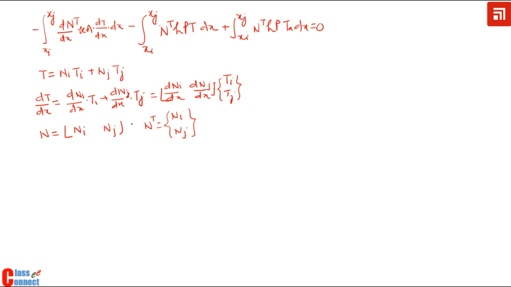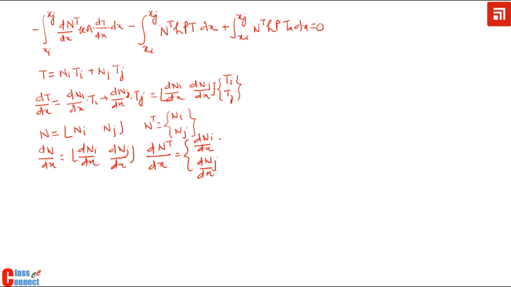I can also write dN over dx as dNi over dx, dNj over dx, and the derivative of N transpose is dNi over dx, dNj over dx.